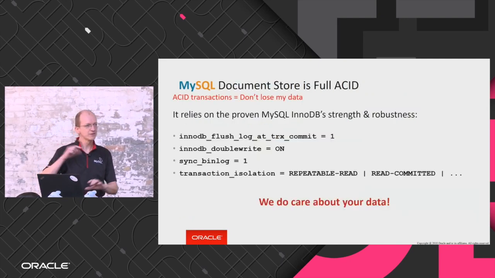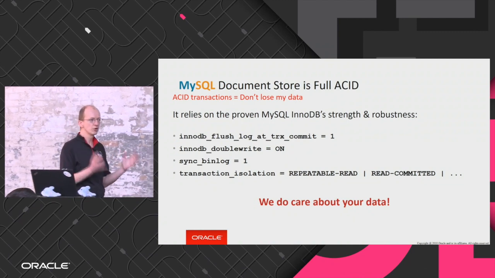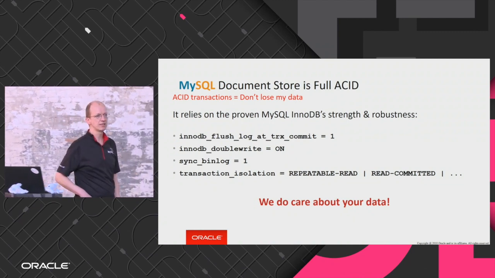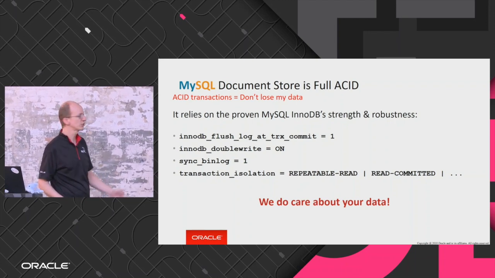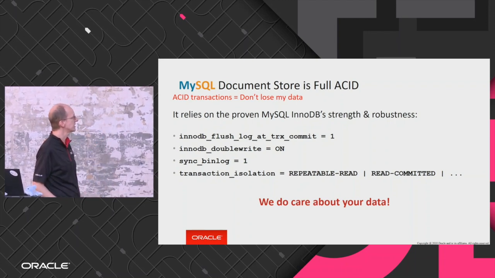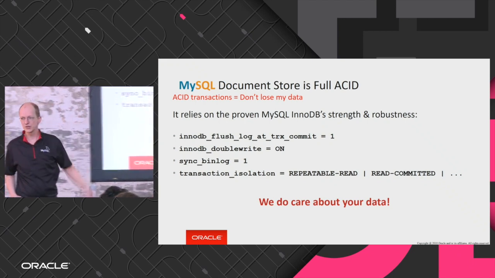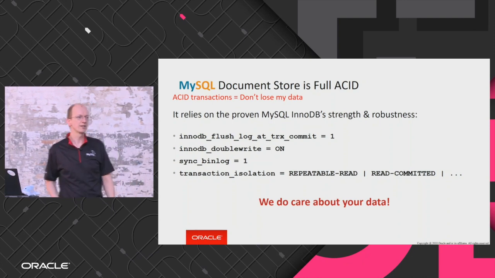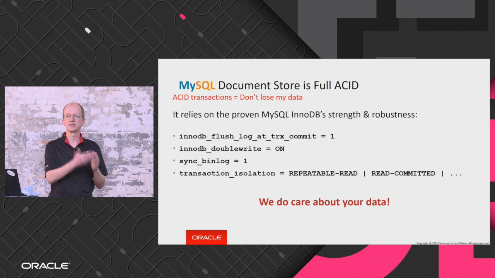And because everything is stored in InnoDB underneath, we have all the features that we are used to from MySQL readily available in a MySQL document store, in our document collection. So we have full ACID transactions. We configure MySQL, or actually that's the default configuration of MySQL, fully ACID compliant. So if you really store a document, then this document is physically on disk.